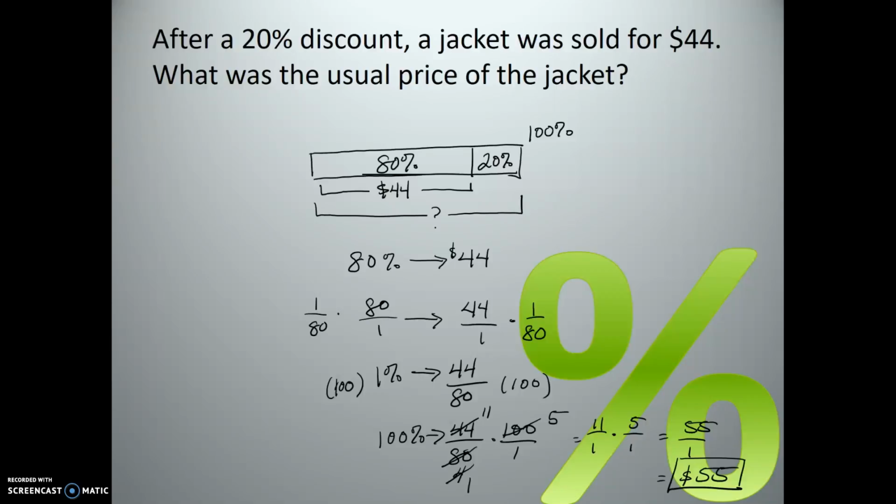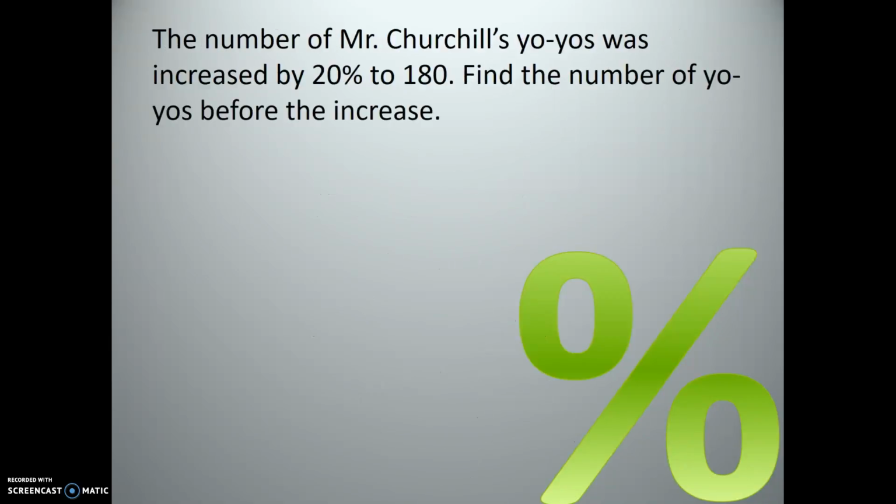All right, let's do the next one together. So this one's different. This one's looking for a quantity before an increase, whereas the last two were looking for a quantity before a decrease. So we have the number of Mr. Churchill's yo-yos. So here's my 100% bar, was increased by 20% to 180.